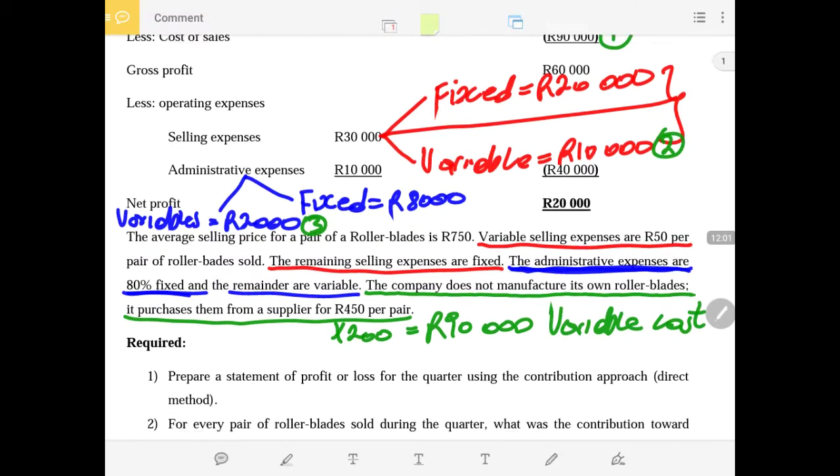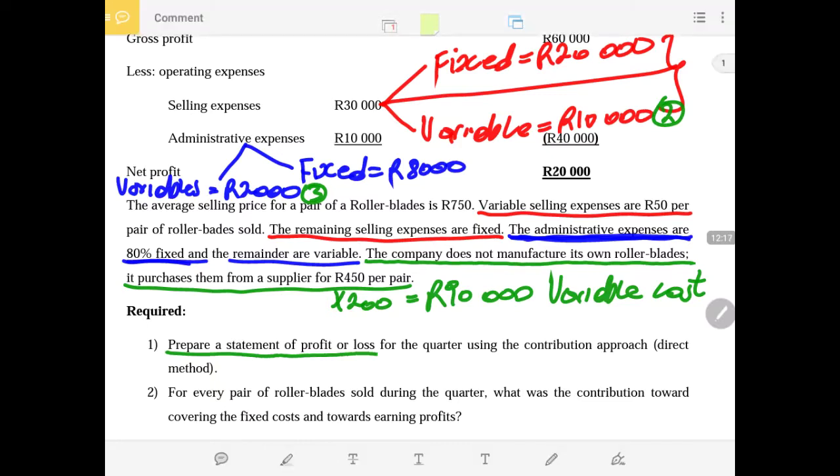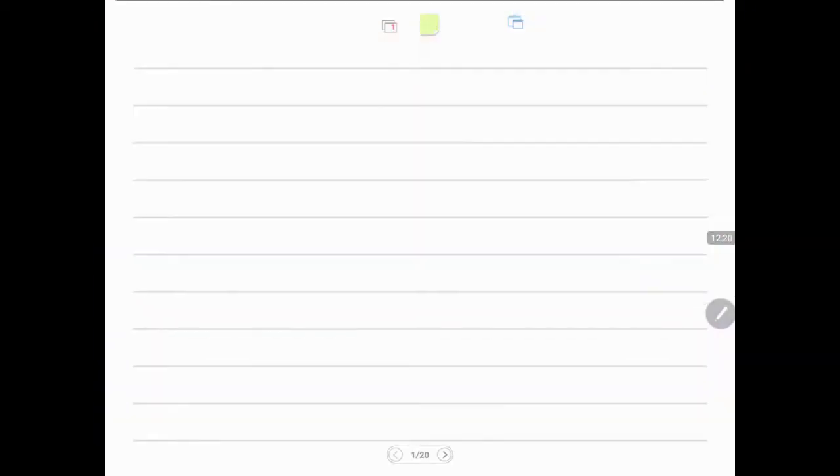Therefore, now I can immediately respond to the question that said, prepare the statement of profit or loss or the income statement for the quarter ending 30 September 2018 using the contribution approach or the direct method or the marginal income statement.